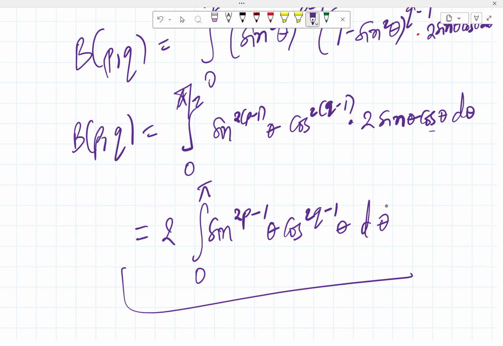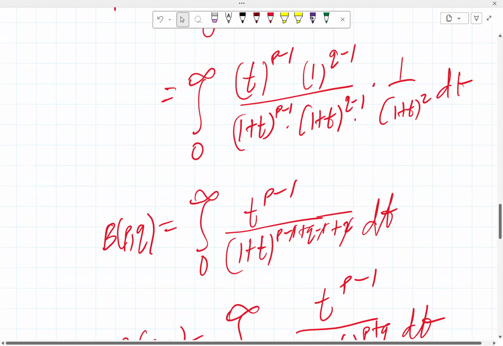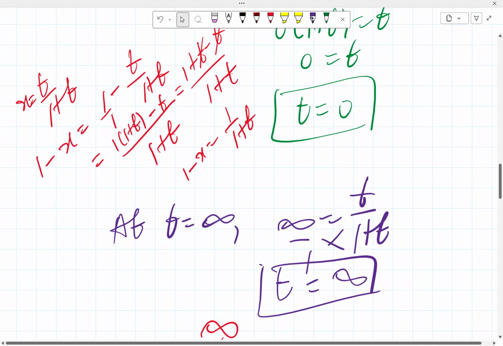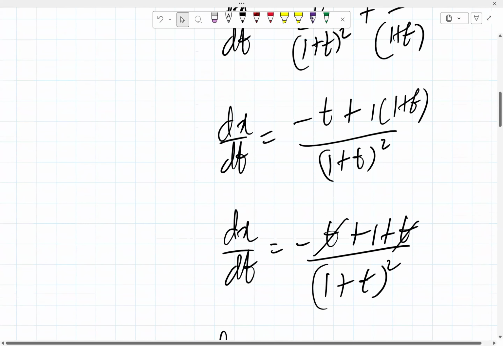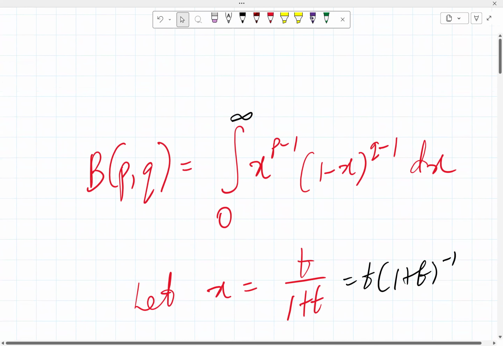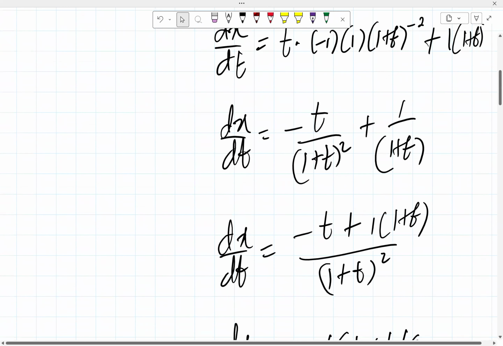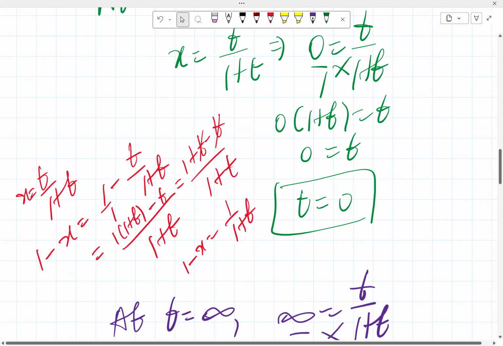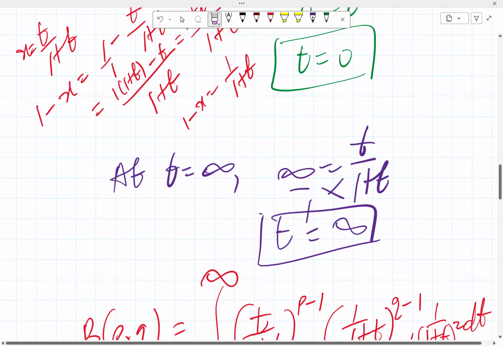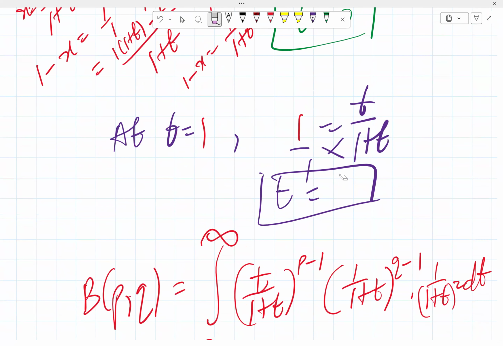So this is okay, right? So I think what I need to verify here is this. If we start with this, this starts with 0 to 1, right? So this one here should be 0 to 1. So to take care of that, let's see what happens here. At t equals 1, actually, so this is 1 here. So we have t equals 1 plus t, right?